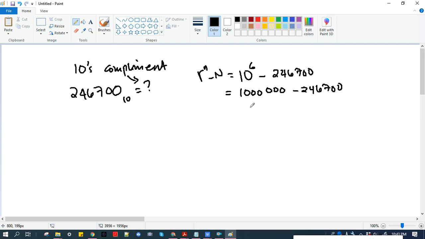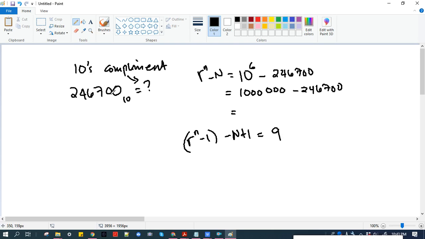Then if we use the other method, R to the n minus 1 minus N plus 1, will this be easier? R to the n minus 1 for base 10: recall that for decimal, we write 9999 depending on the number of digits.